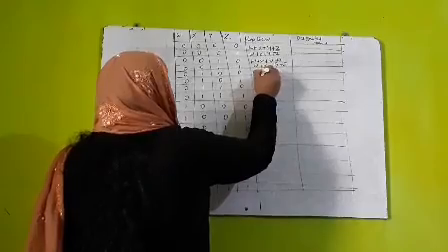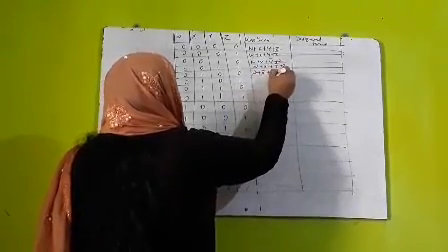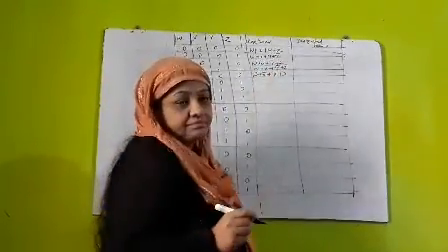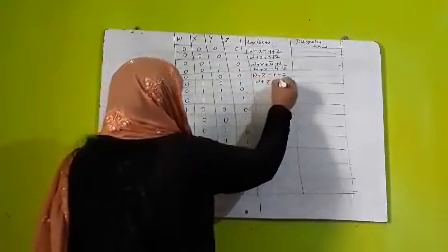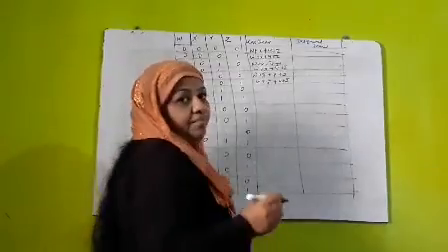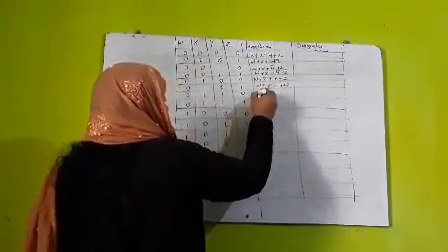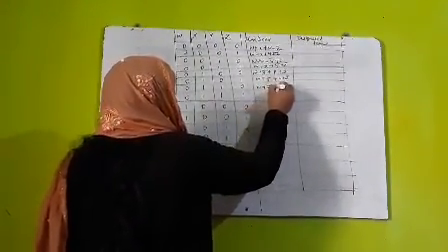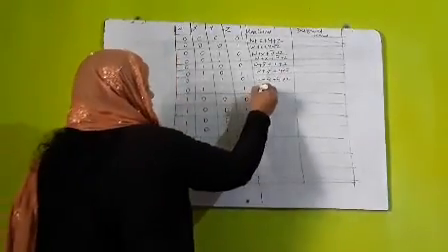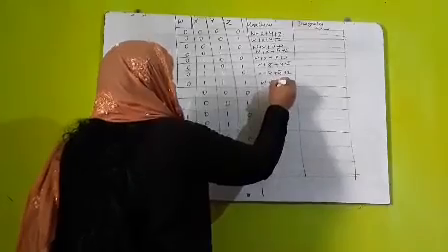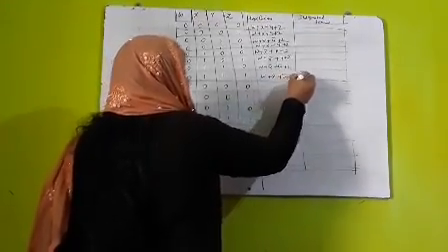So w plus x bar plus y plus z. So w plus x bar plus y plus z bar. So w plus x bar plus y bar plus z. So w plus x bar plus y bar plus z bar.